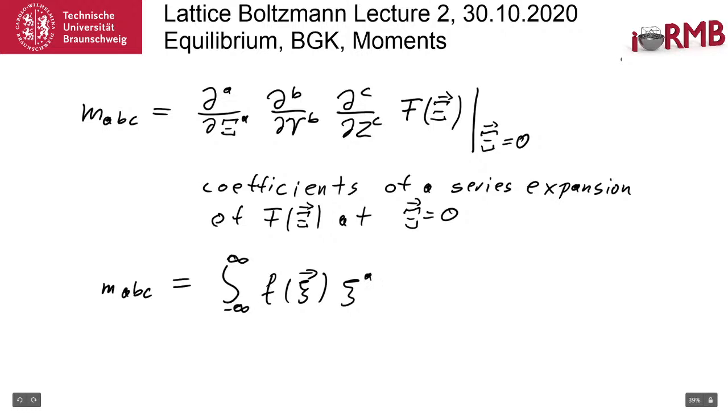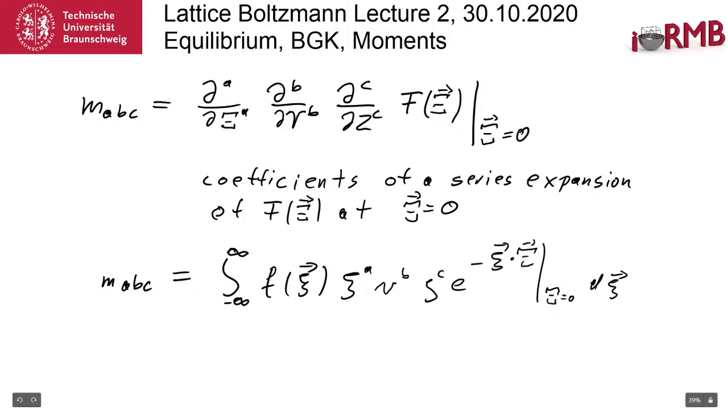So this will be xc by a, small epsilon by b, and small zeta by c, multiplied by minus xc times xc, and this is at xc equal to 0, and this will integrate over the vector xc. And now you see that this obviously is equal to 1, right?